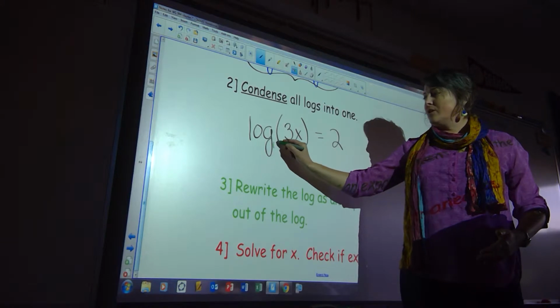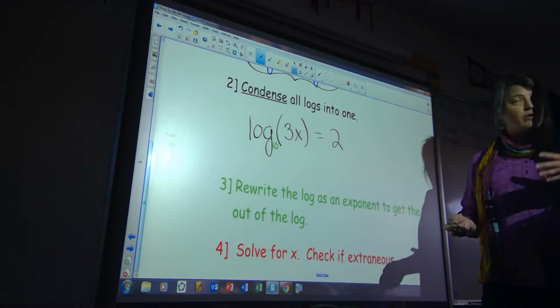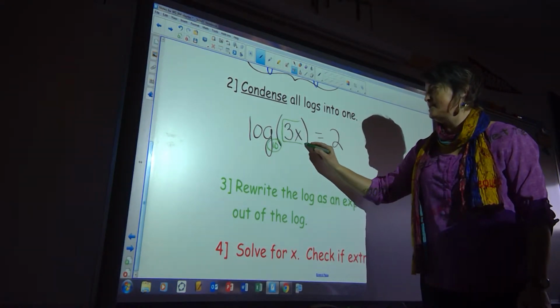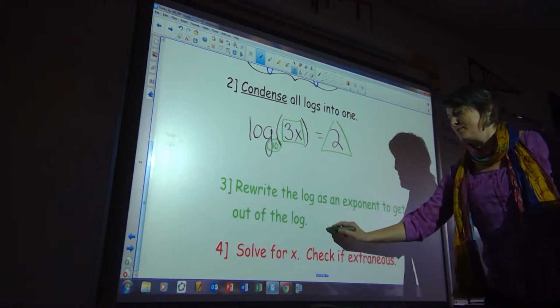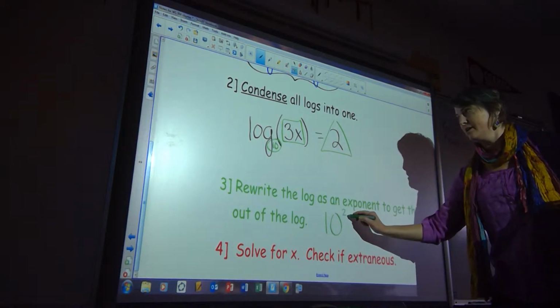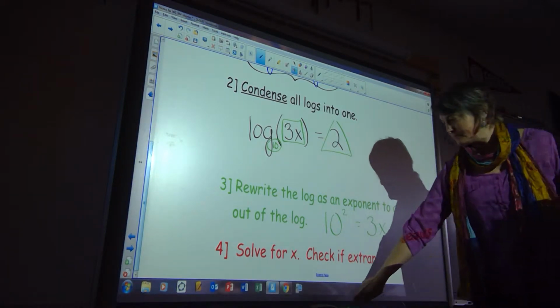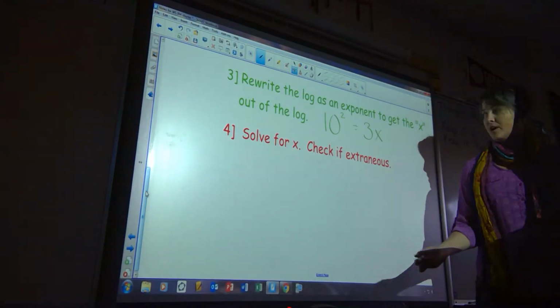Now what we need to do is rewrite it in its other form to get the x out of the log. So if I rewrite that, that would be 10 squared equals 3x. And then that's just an algebra equation where I can solve for x.